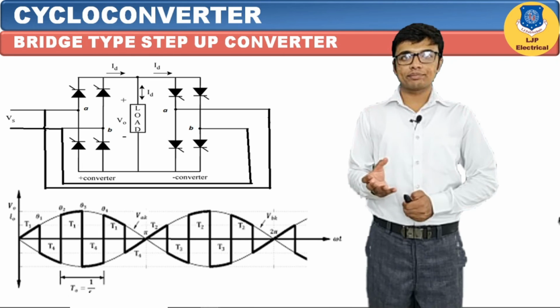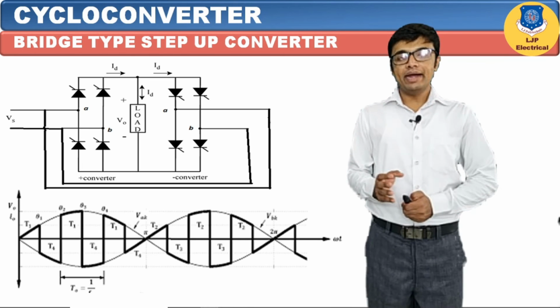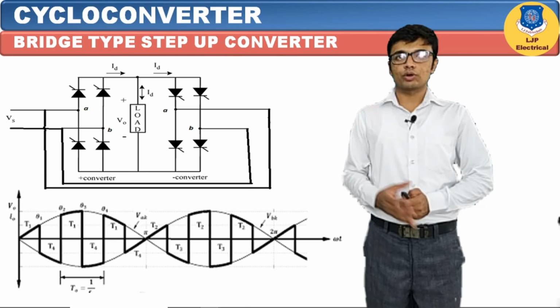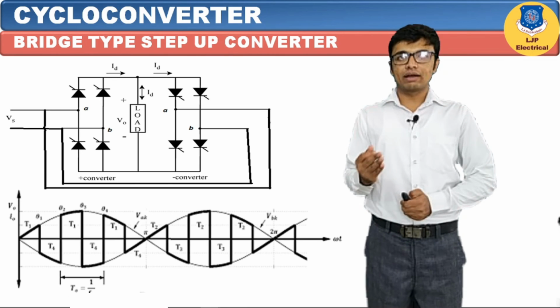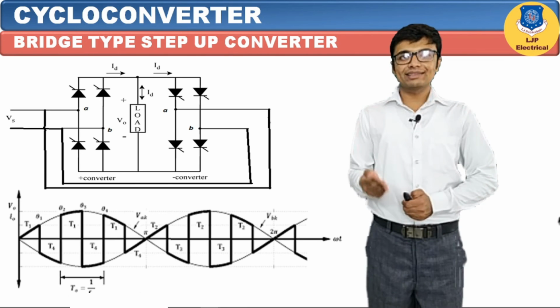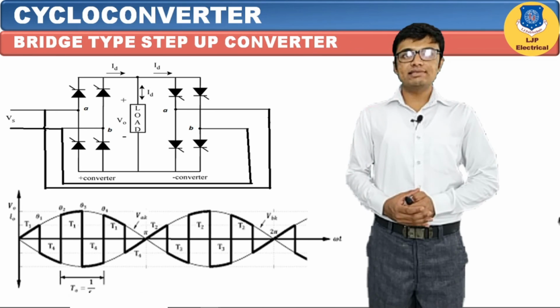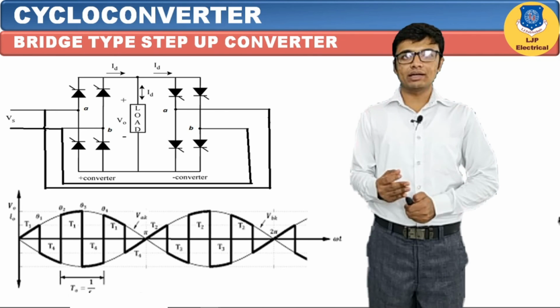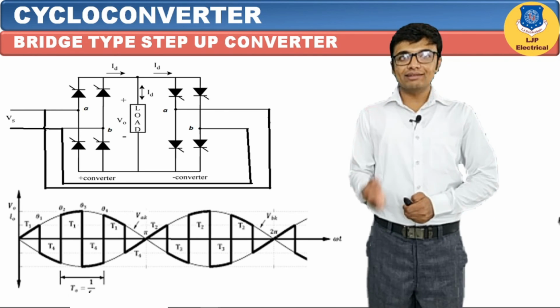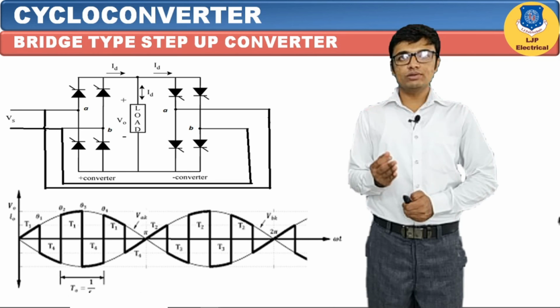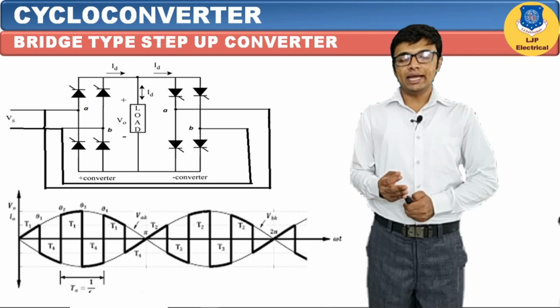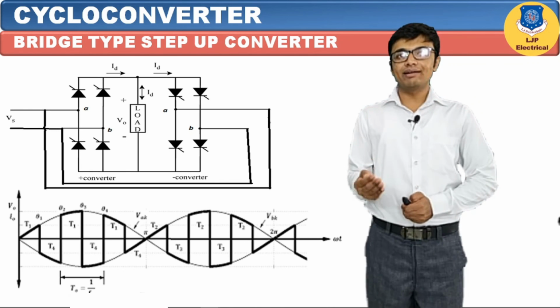Hence the direction of current will reverse in the load and it will come back to the point Tn1. Thus we will get negative half cycle in the output. In this manner we will get step up conversion in the output by triggering thyristors. Hence the output frequency of this cycloconverter will be 3 times greater than the input frequency. Suppose we use 100 Hz frequency in the input, then in the output we will get 300 Hz frequency.